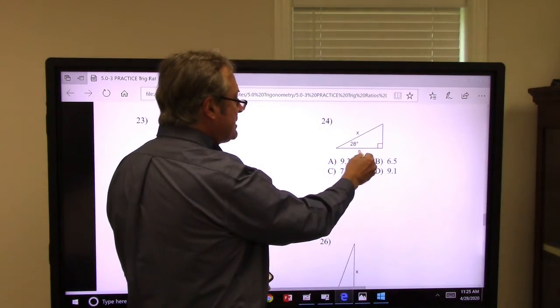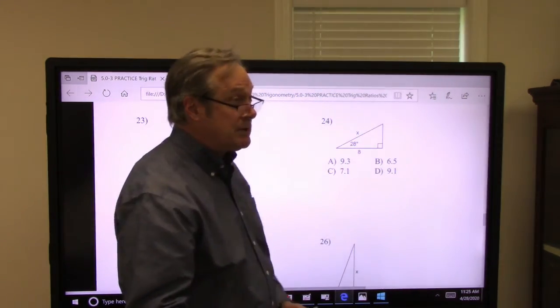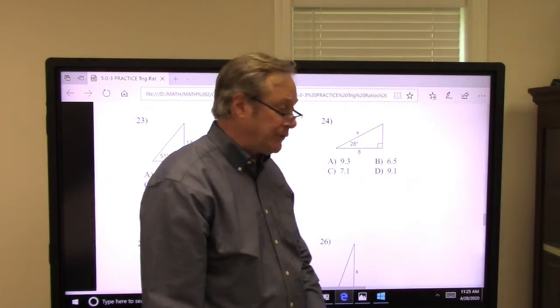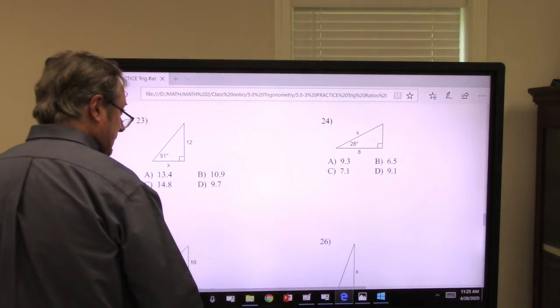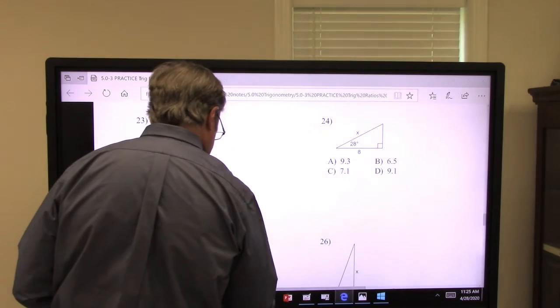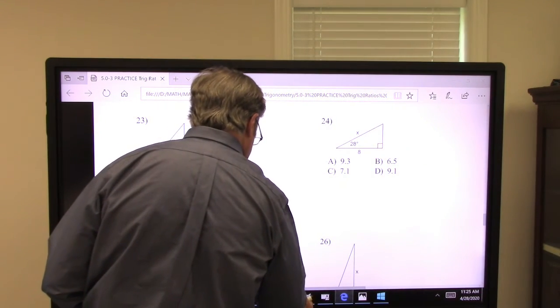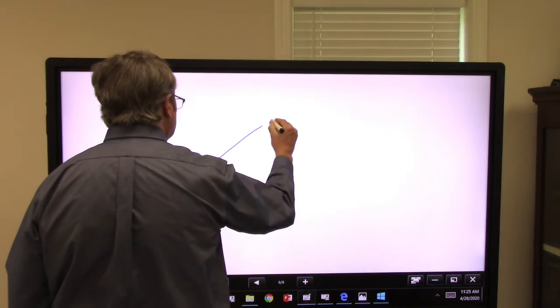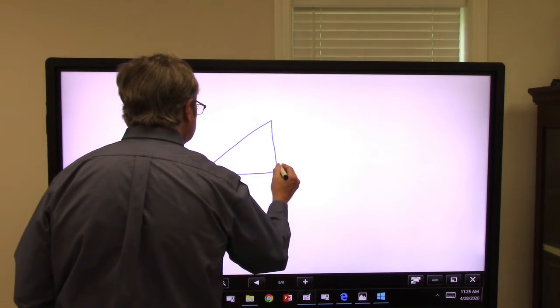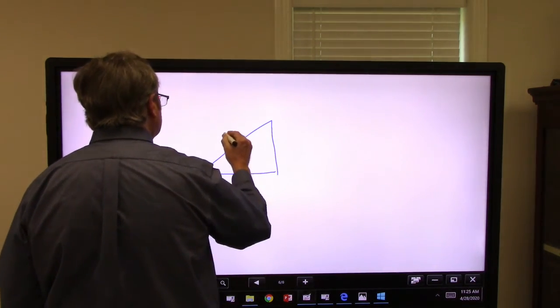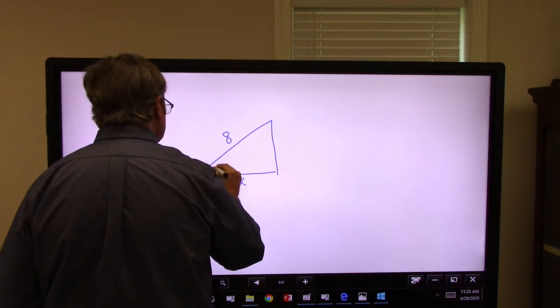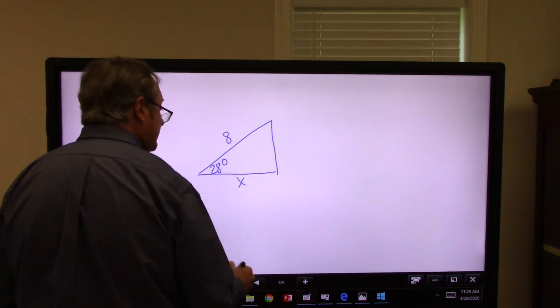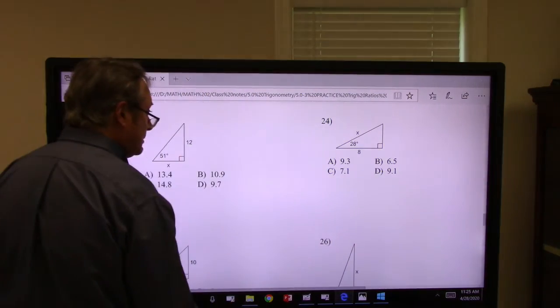We're given the adjacent side. So adjacent over hypotenuse, that's cosine. All right, so that's what it said.